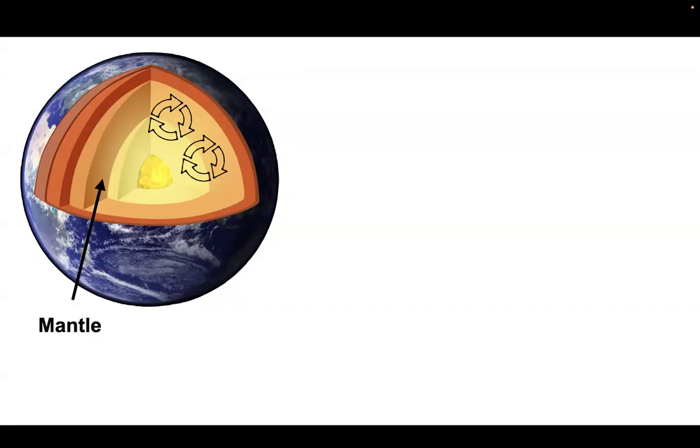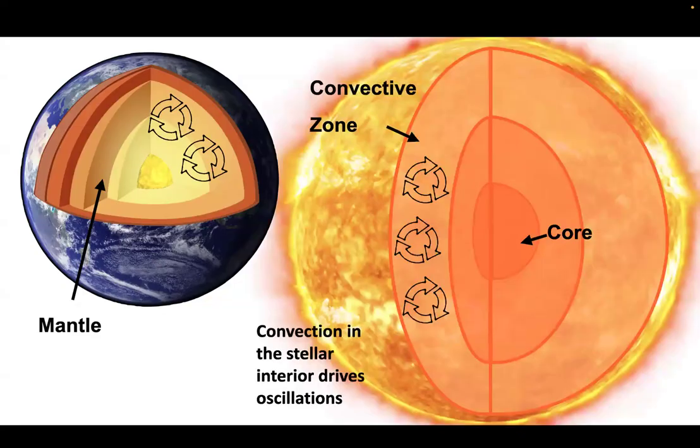Essentially, asteroseismology, to a simplified degree, is performing the same science, but in stars. Stars like the sun, just beneath their surface, have a convective zone where instead of mantle going through upwellings and downwellings and convective motions, there's extremely hot plasma. But it's following convective patterns in a similar way.